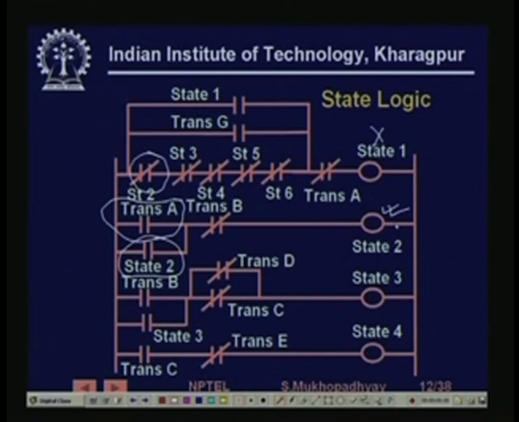Again, when state 2 is on, in the next cycle some other transition will become enabled depending on what sensor signals are coming. Similarly, for example, for state 3, at some time transition B will take place. Let us see transition B. Transition B is part placed.